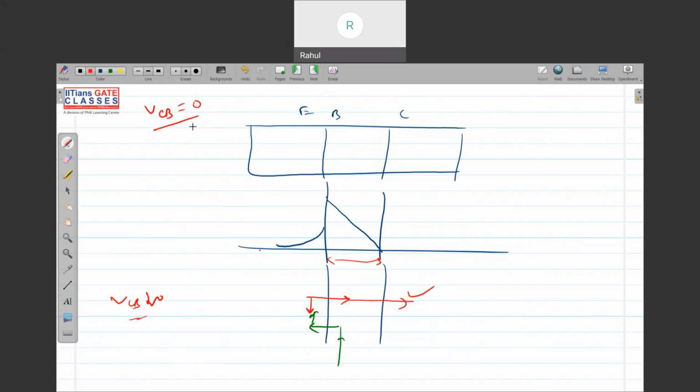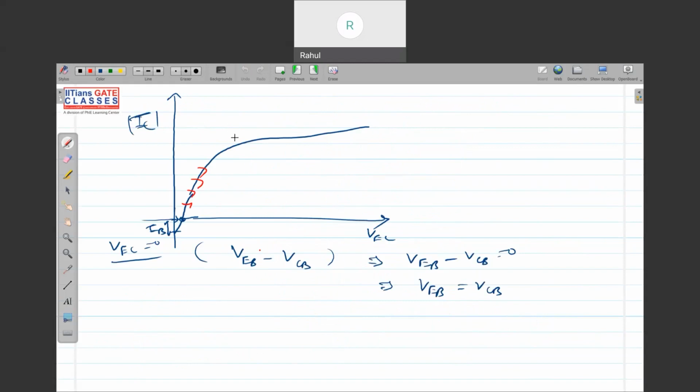When VCB is equal to 0, I will reach this point. This is the point where VCB is equal to 0. At this point, VC is equal to there, VB is equal to there.